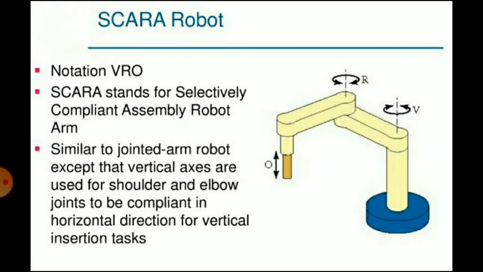Then SCARA robot. The notation for the SCARA robot is VRO. V means it is a revolving joint, R means it is a rotational joint, and O means it is an orthogonal joint.